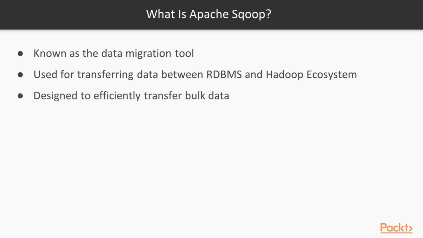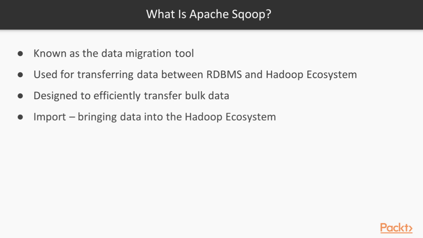It is designed in such a way that it will be able to handle bulk data transfer. As we know, Hadoop expects data in the range of gigabytes and terabytes, and that's why Sqoop is designed to handle such a massive amount of data. There are 2 types of processes. The first one is import.